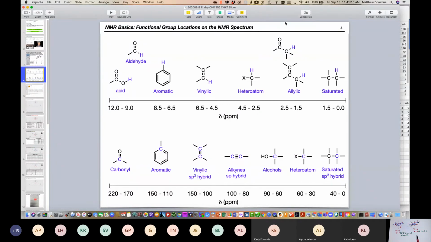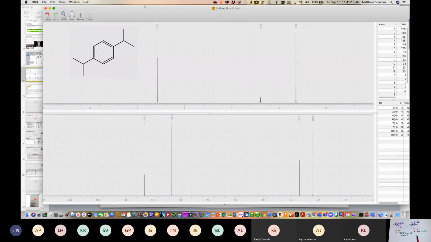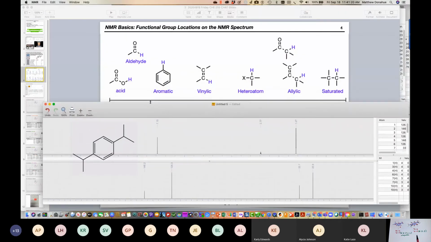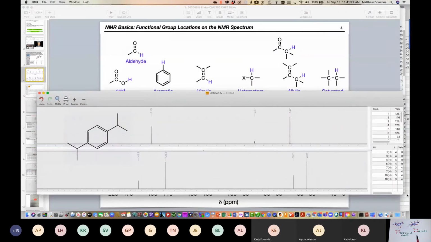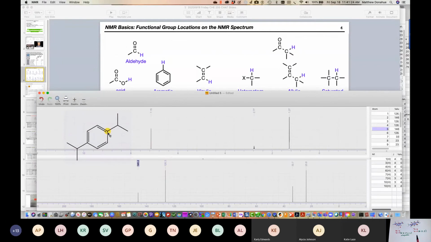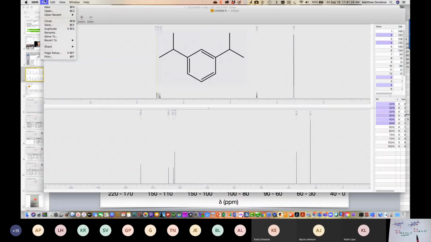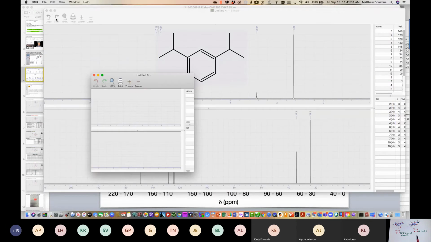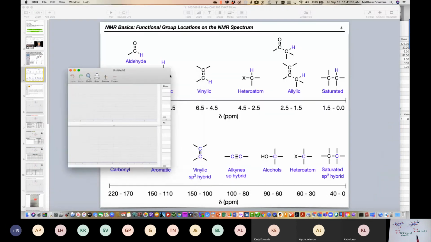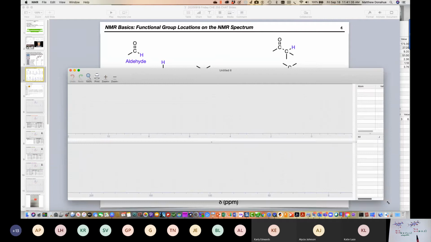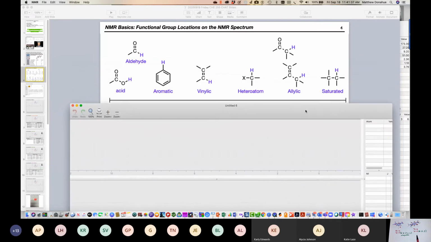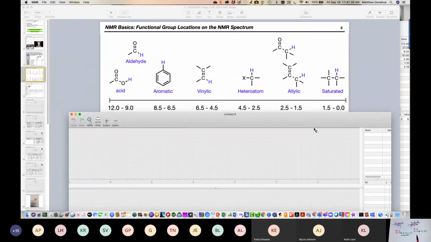So maybe what I can do is try to show you with this drawing program. I'm running out of screen real estate here. I'll start a new one. The reason I like this app that I'm using now is it can demonstrate the following pretty easily.